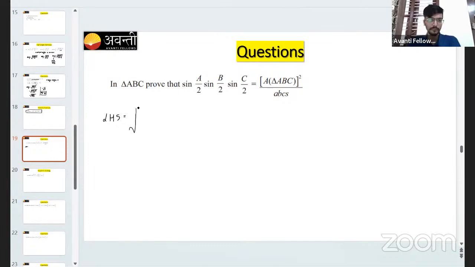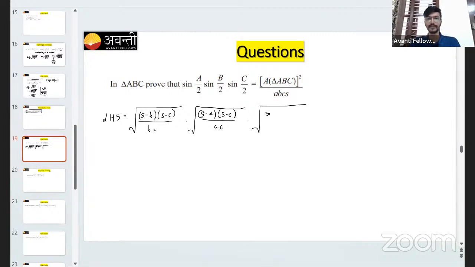It was under root of S minus B into S minus C upon BC into what is sin B by 2? B by 2 was S minus A into S minus C upon AC. What is C by 2? Sin C by 2 is under root of S minus A into S minus B upon AB.